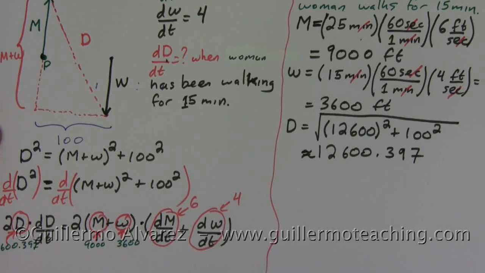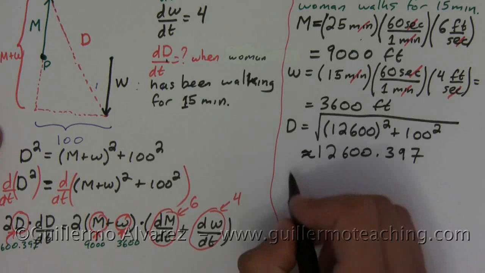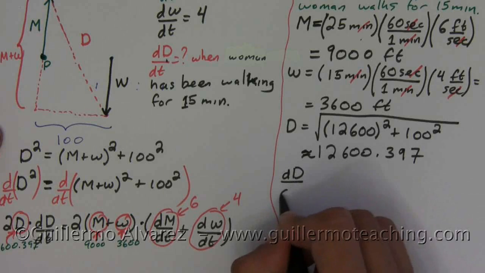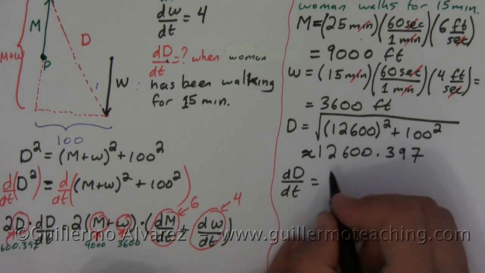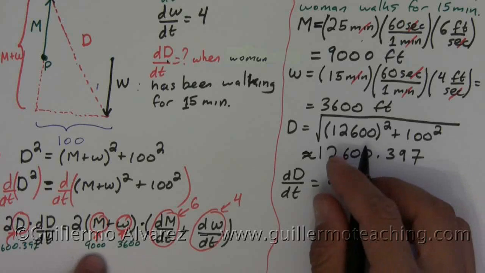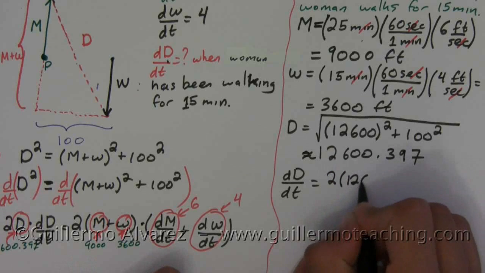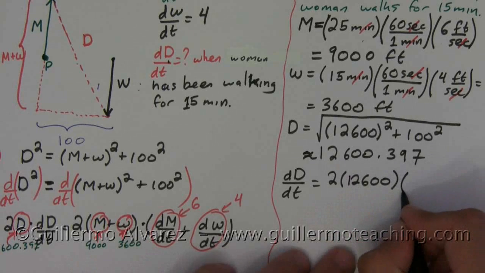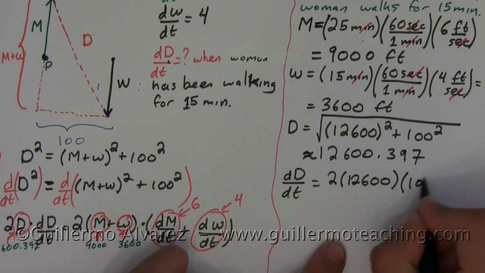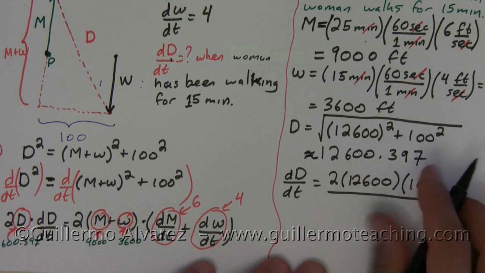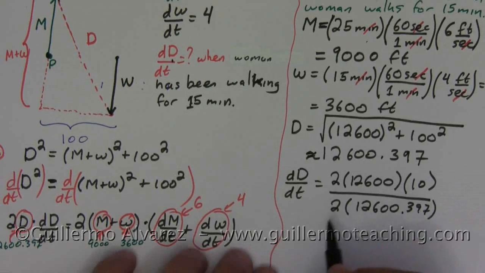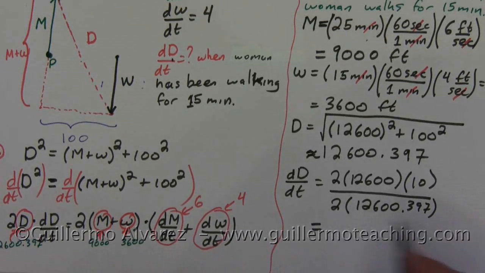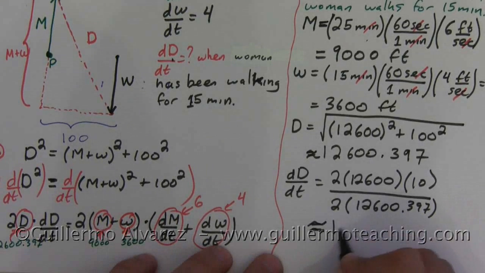And when we do all of that and solve for the derivative of D with respect to time, this is going to equal 2 times 9,000 plus 3,600, that's 12,600, times 6 plus 4, which is 10, divided by 2 times 12,600.397, and this is approximately very, very close to 10.